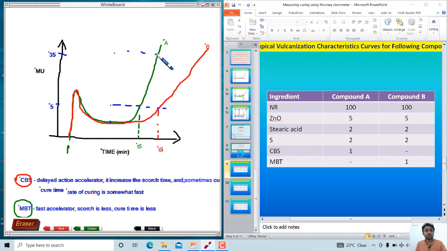Then come to the curve. Then you will see the T35 of compound A and T35 of compound B.